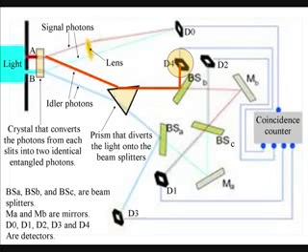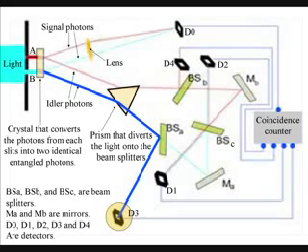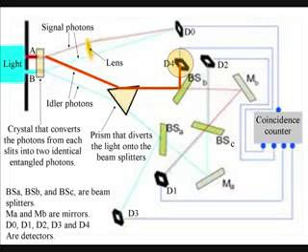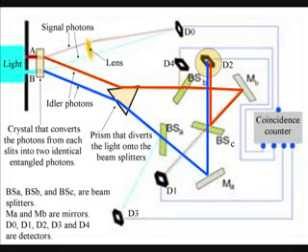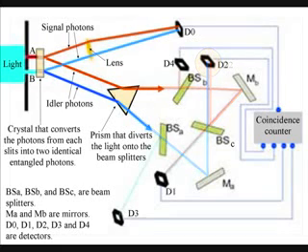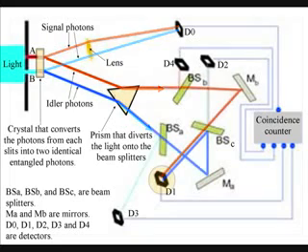Note that if it is recorded at detector D3, then it can only have come from slit B. If it is recorded at detector D4, it can only have come from slit A. But if the idler photon is detected at detector D1 or D2, it might have come from either slit, A or B. Therefore, which detector receives the idler photon either gives information as to whether the signal photon with which it is entangled went through slit A or B, or implies that such information is not available.